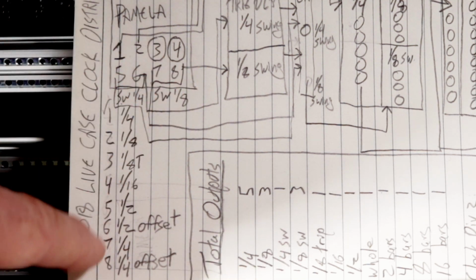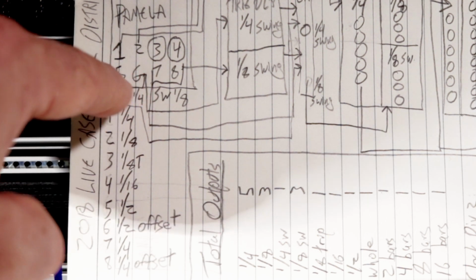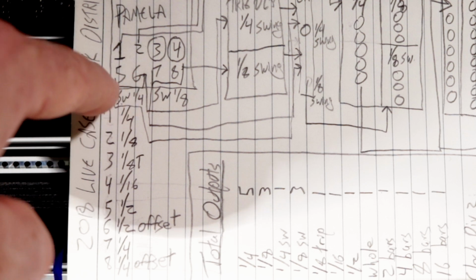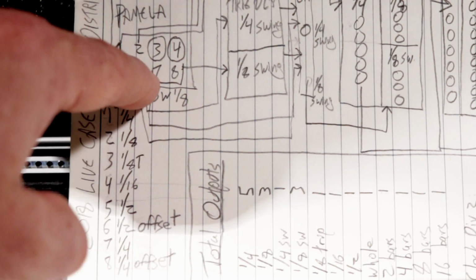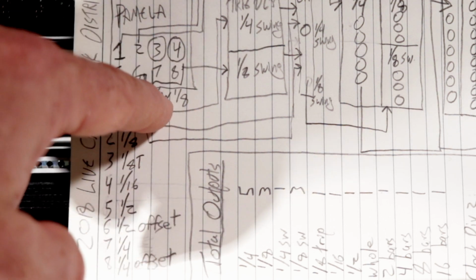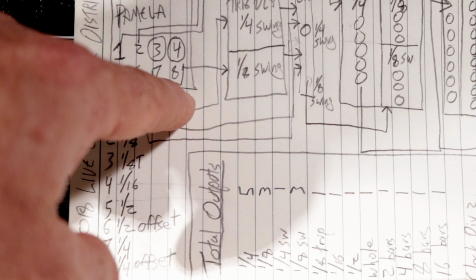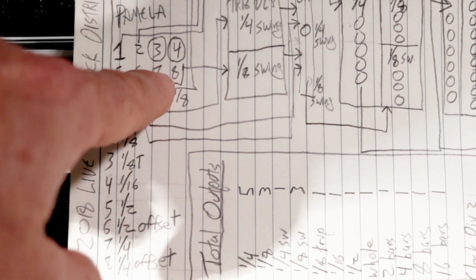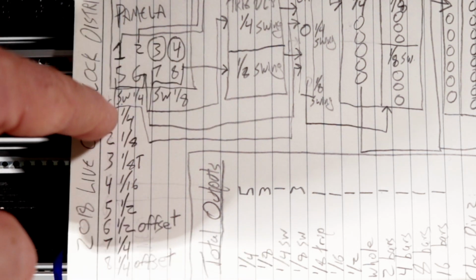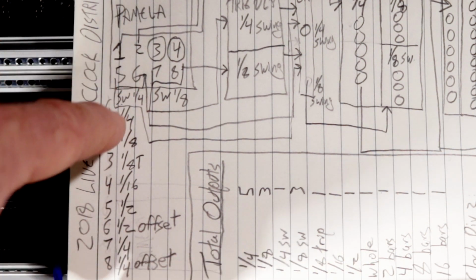The way that I did that was that both 5 and 6 output half notes, but they're offset from each other by a quarter note, meaning that one of the 2 of them will be triggering every quarter note. And the same thing with 7 and 8. They're both outputting quarter notes, offset by an 8th note from each other, so you're going to get continuous 8th notes, and you can see that's what I wrote down here. That's what I programmed Pamela to do.